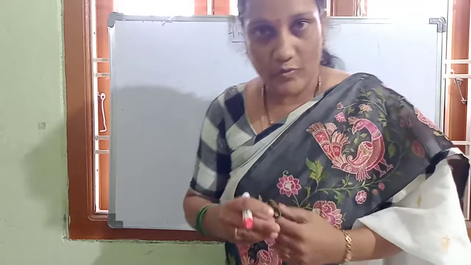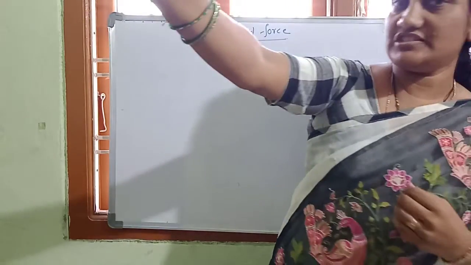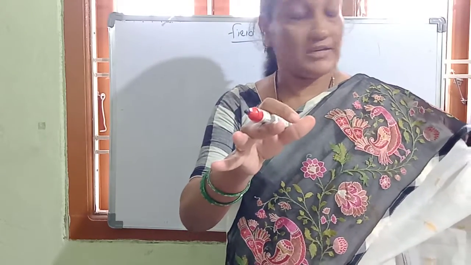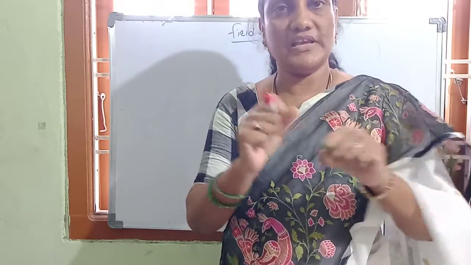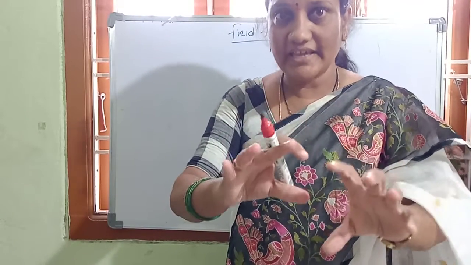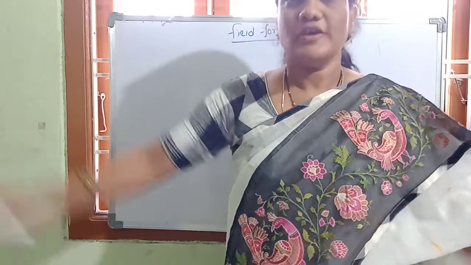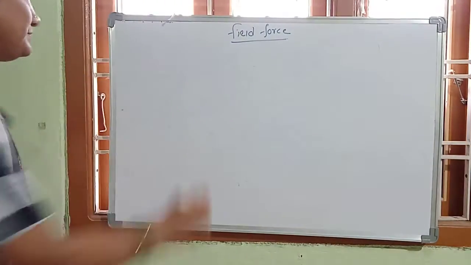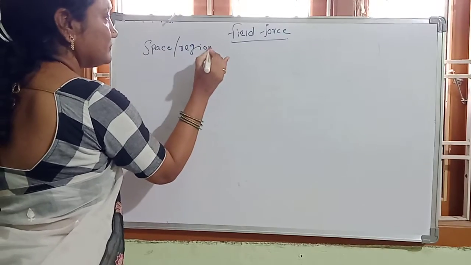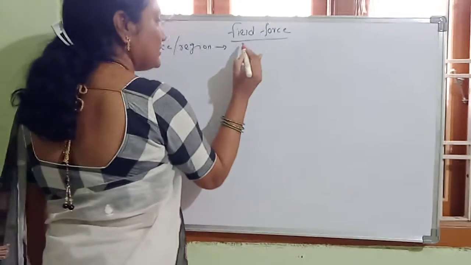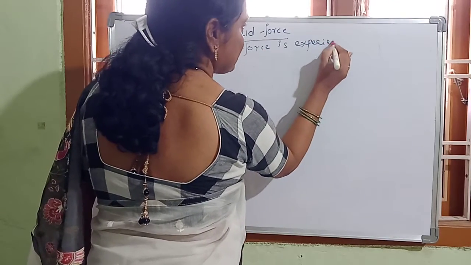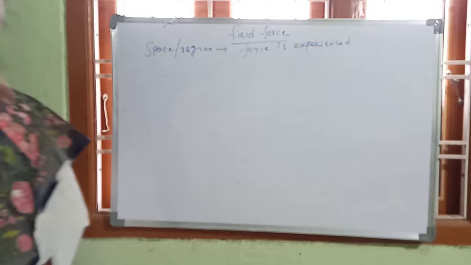For example, if I go outside the room, I will not feel any heat, but if I enter the room, I feel heat because it has extended its heat up to a certain region. That space or region up to which the force is experienced, we call a field.